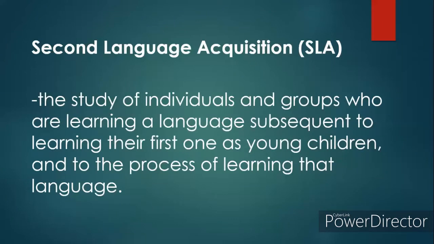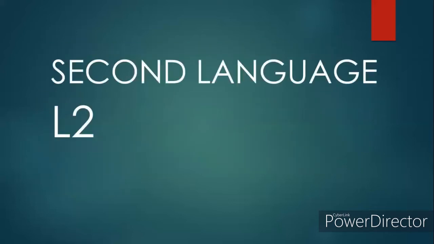Second language acquisition, or SLA, refers both to the study of individuals and groups who are learning a language subsequent to learning their first one as young children, and to the process of learning that language. The additional language is called second language or L2, even if there are other languages that you learned after the first language, like a third, fourth, fifth, or 10th language.